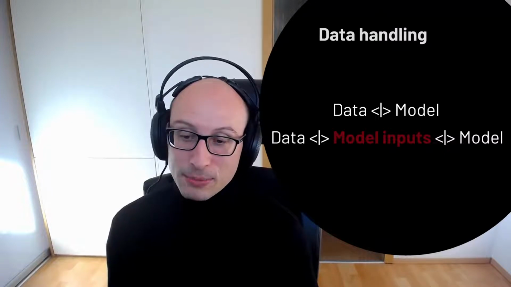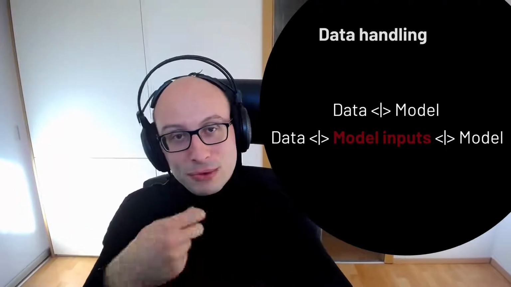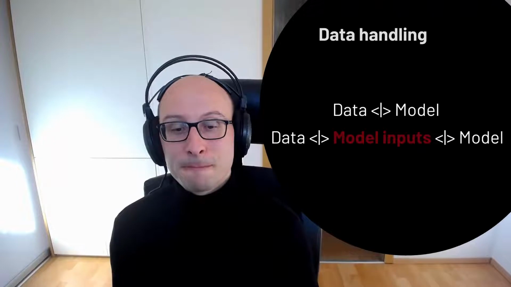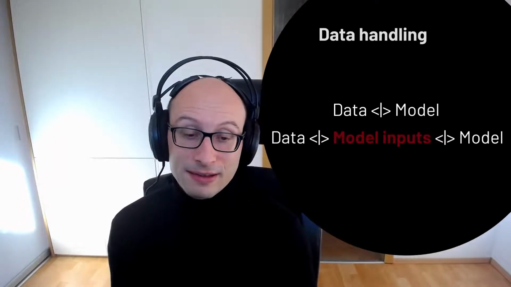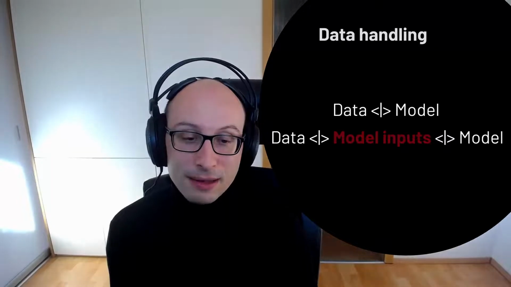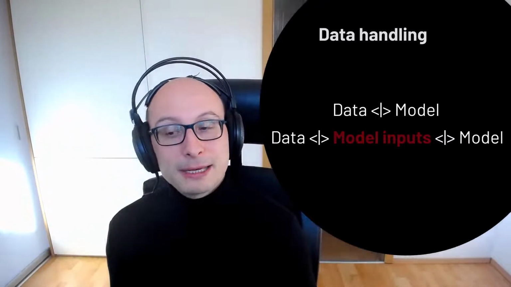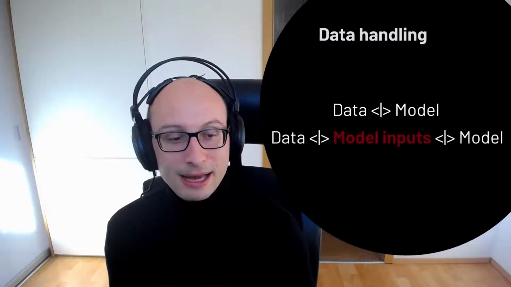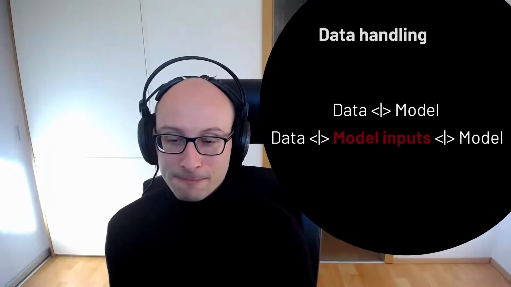We could create model inputs from the actual raw data, basically say, hey, read this Excel file, do some processing, make sure everything is nice and clean, and then I give it to the model. Or for testing, unit tests and integration tests and that kind of stuff, in this layer we could also say, hey, let me quickly create some machine data and some product data and feed that to the model instead of real machine data and real product data.